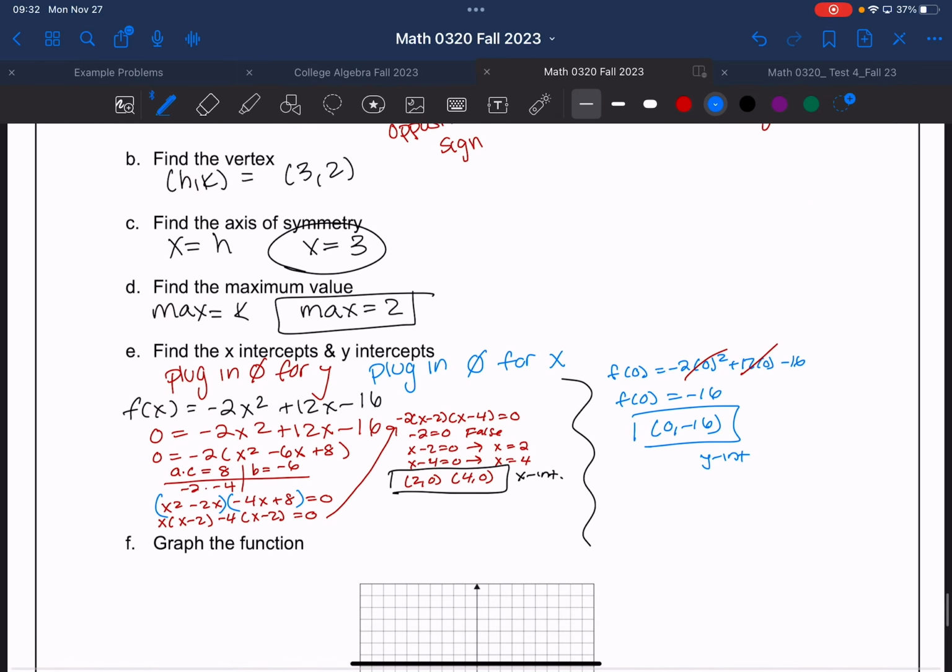Okay, so far I turned my standard quadratic equation into a vertex equation. I found my vertex, I found my axis of symmetry, I found my maximum value, I found my x and y intercepts, and now I'm going to use all that information to graph my function.